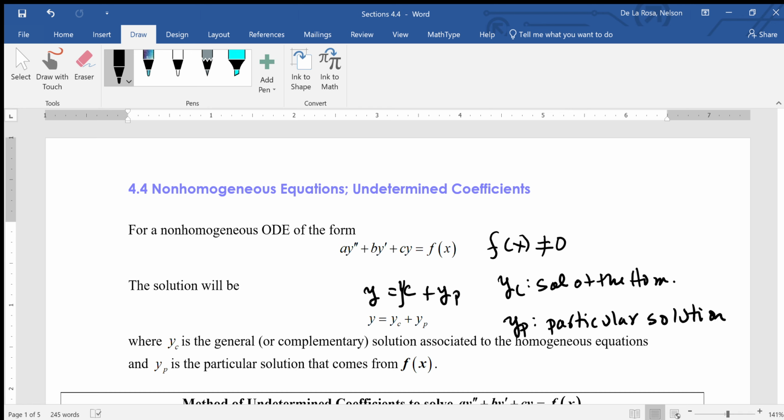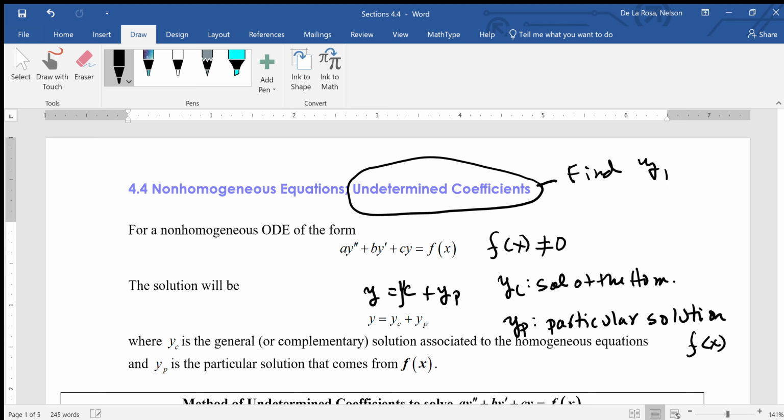This particular solution is going to come from f(x). So the undetermined coefficient method is going to help us to find yp, the particular solution.